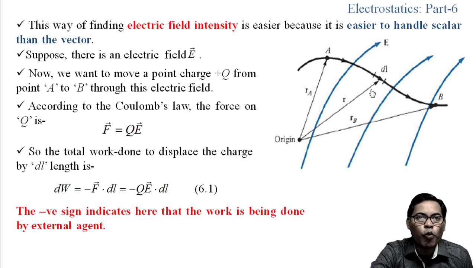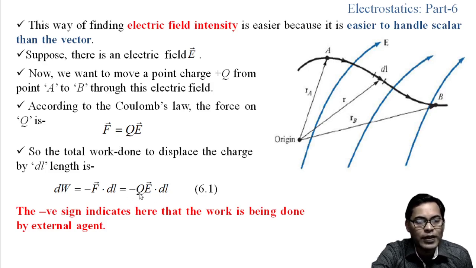The work done to move the point charge for this dl length can be calculated as dW equals F dot dl, that is force into distance. In the case of a vector field, the work done will be F dot dl. So F here is equal to Q into E dot dl.